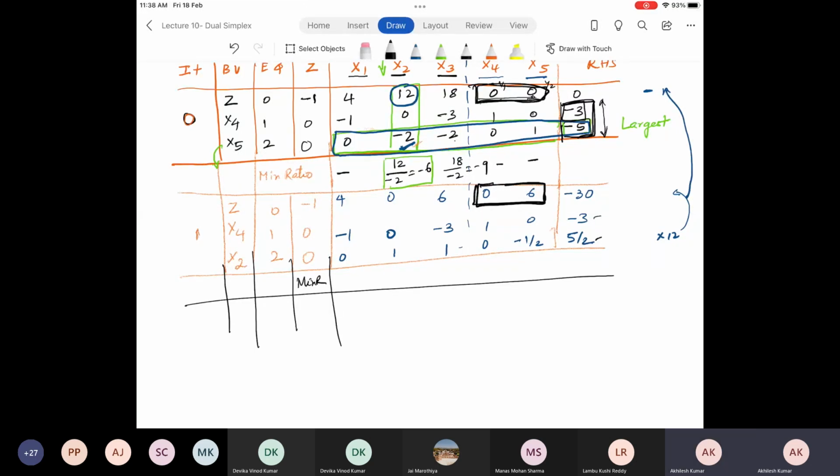Let me ask someone. Akanksha Agrawal, can you hear me? I keep asking A guys. Let me ask someone. Tushar Punia, can you hear me? Yes, sir. Tell me which one will leave the basis now at the first iteration? X4. X4 will leave because there is only one negative number. Okay.